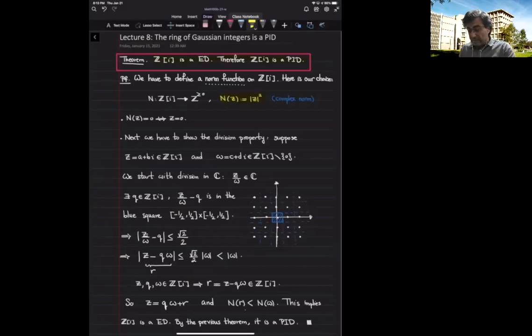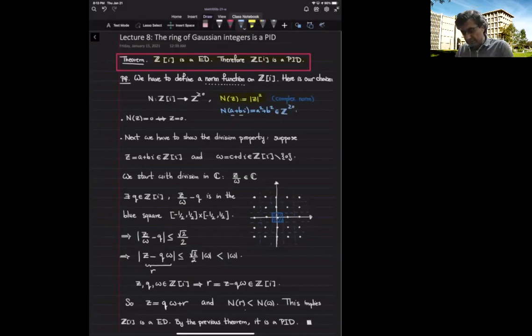Let's notice that in this case, the norm of an element of the form a plus bi by definition is a squared plus b squared, and when both a and b are integers, this is also an integer, and because I am adding two perfect squares, this is definitely a non-negative integer.